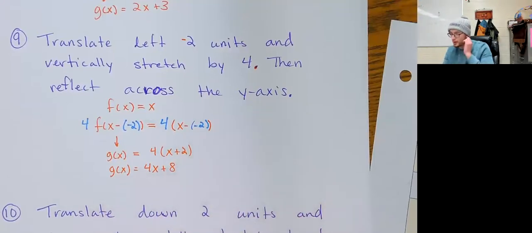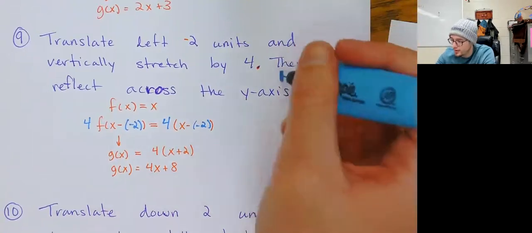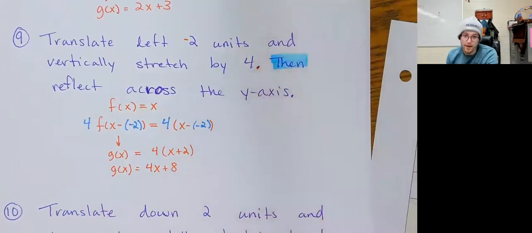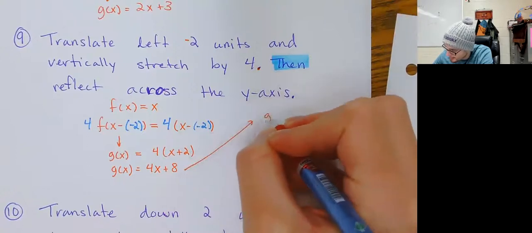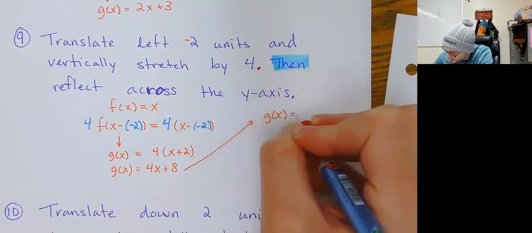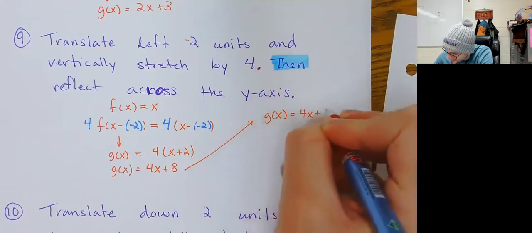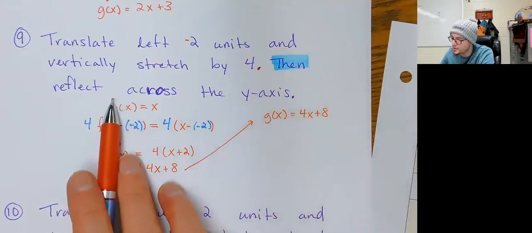Okay, now we're actually going to have to go another step because there's this fancy word, then. So now we're going to do something next. So now what we're going to come around and do is, let's take this and restart the entire thing of g(x) = 4x + 8. And we want to reflect this.